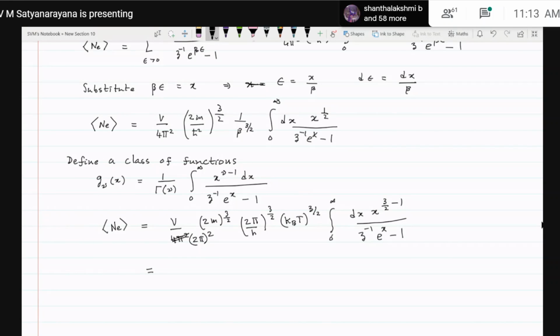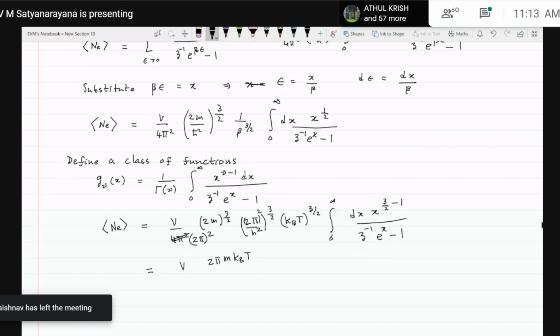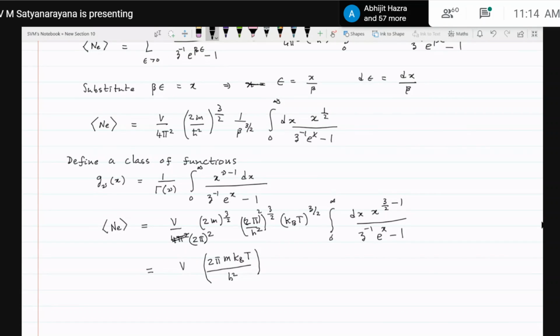I want to write V into 2 pi m k_B T by h square to the power 3 by 2.